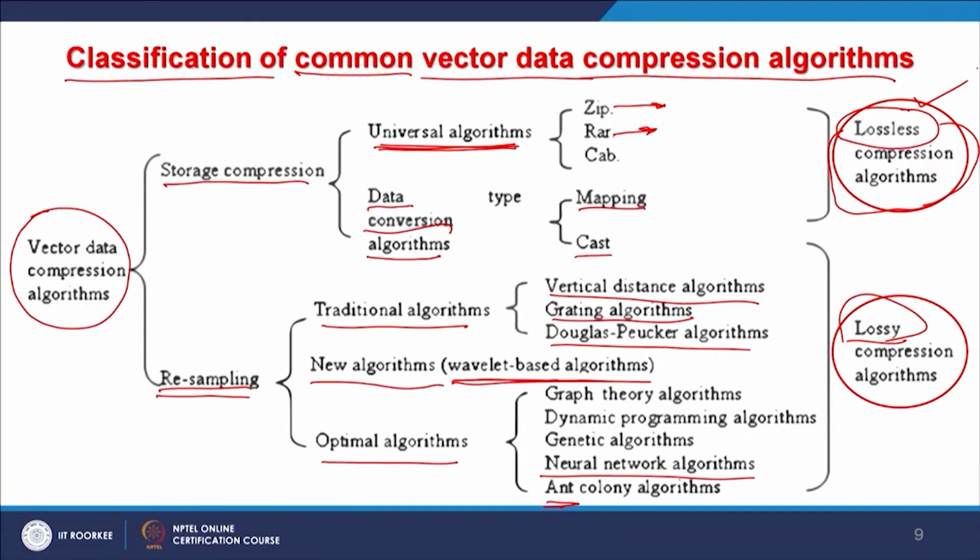I do not want to go further on this, and this brings us to the end of this discussion about vector data compression techniques. Just to recap, vector data generally does not have much redundancy.